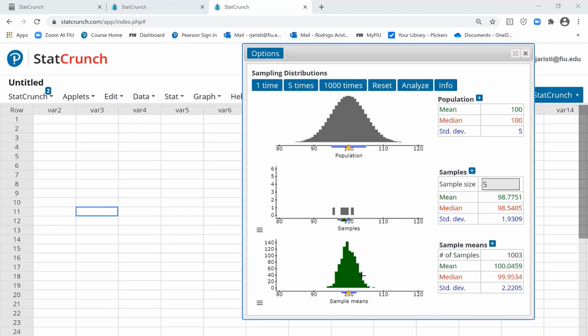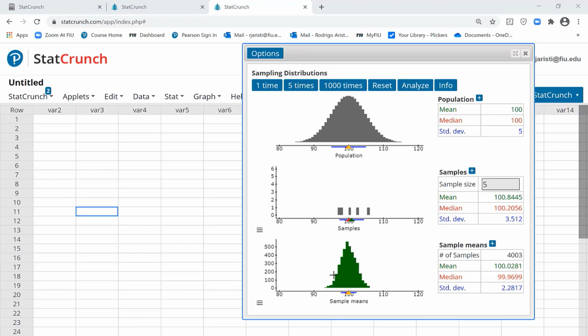Because we have only 1000, if we select all possible samples of size 5, for example, if we obtain 2000 samples, we obtain that distribution, 3000 samples, this distribution, and so on. If we increase the number, we can observe that the distribution becomes normal and the center will be closer and closer to 100.